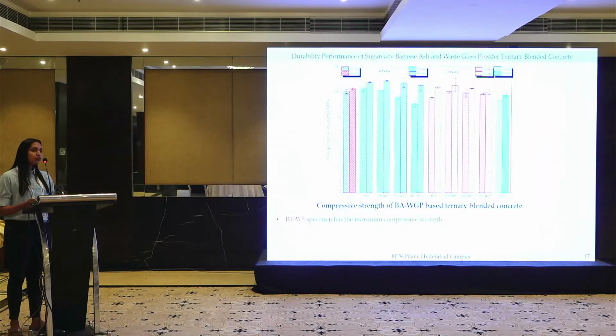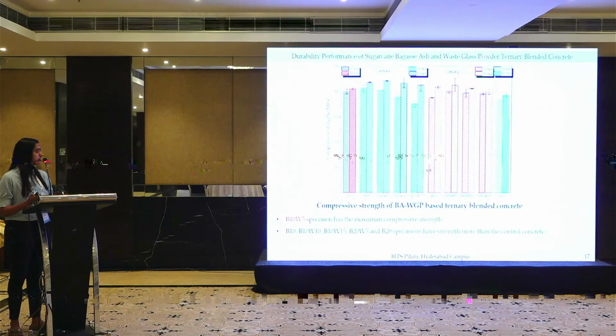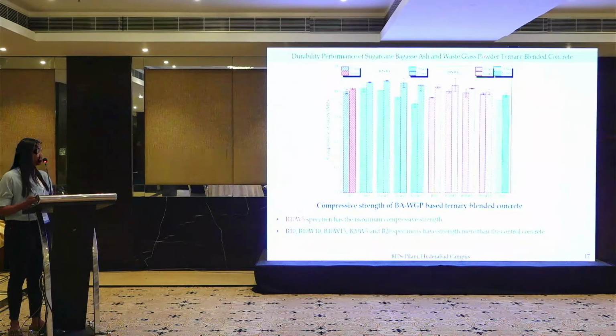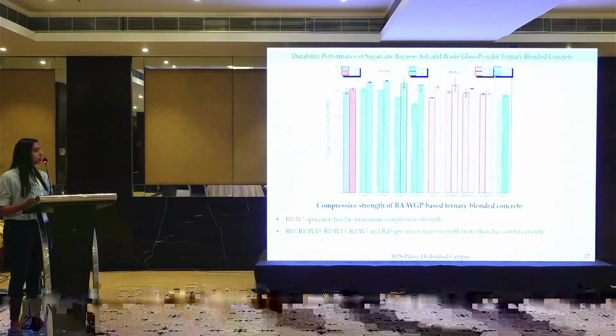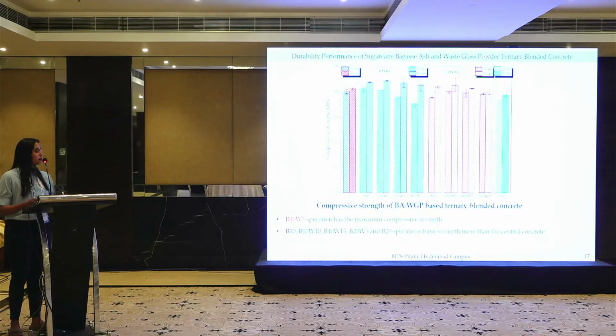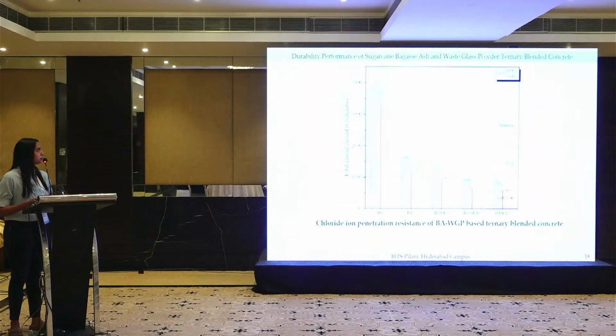Among all of these specimens, you can see that B10 W5 is performing better, and if you compare with the control mixture, B10 W5, B10 W15, B20 W5, and B20 specimens perform better, and in the case of B30, it is comparable with the control concrete.